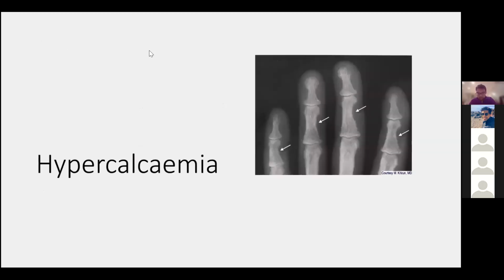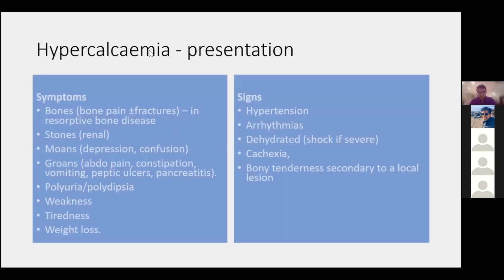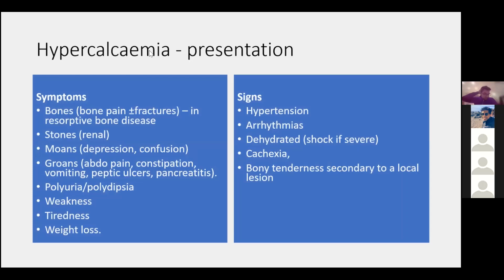So moving on to talk about hypercalcemia. How do these patients present? You may be familiar with bones, stones, moans, and groans. Bones: they'll have bony pain and fractures because of resorptive bone disease. They're more prone to getting renal calculi, so they may get renal colicky pain.